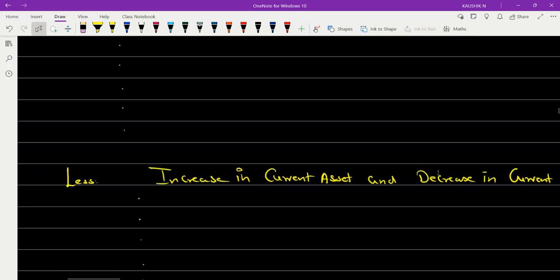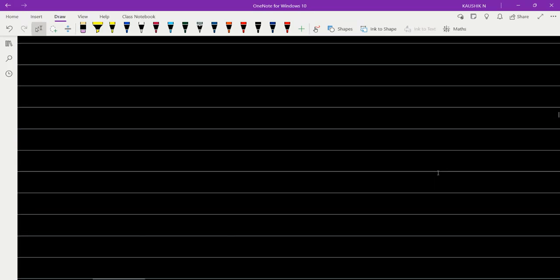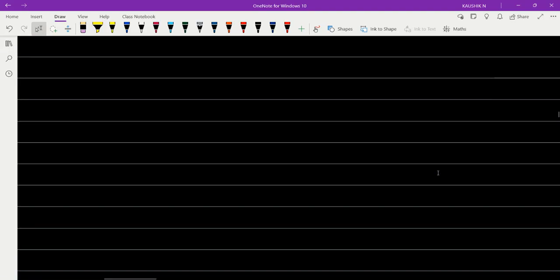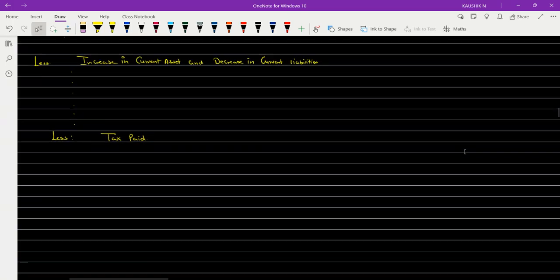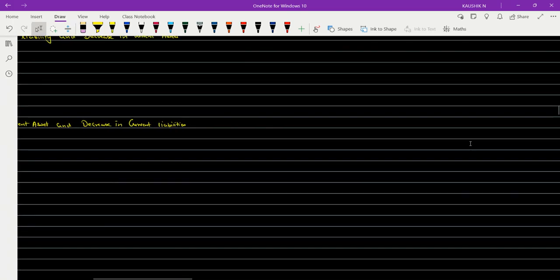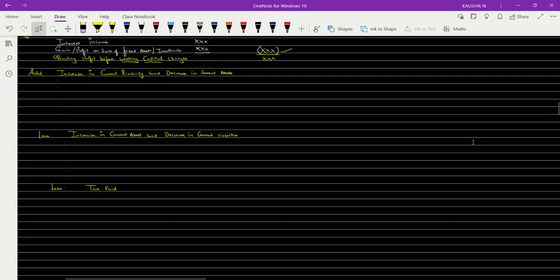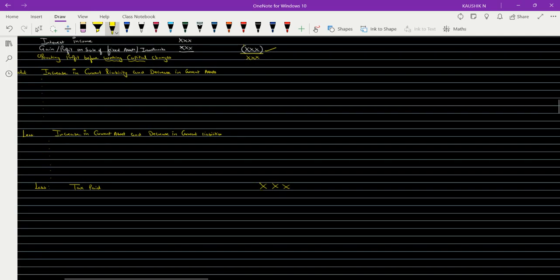So once you subtract the value of tax paid, okay, just a minute. So once the tax paid value is deducted from this, you will be getting a net amount.